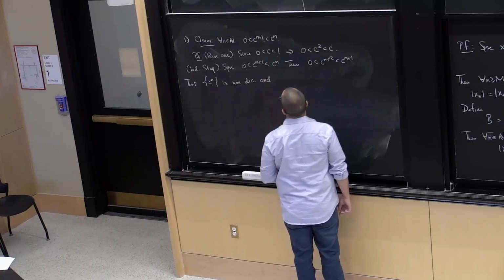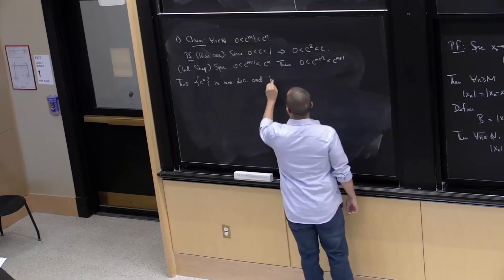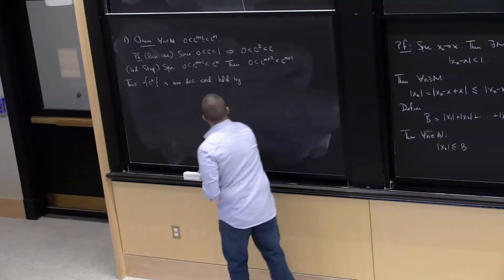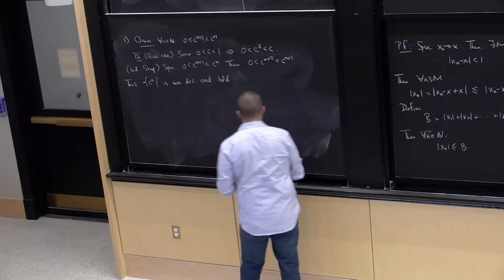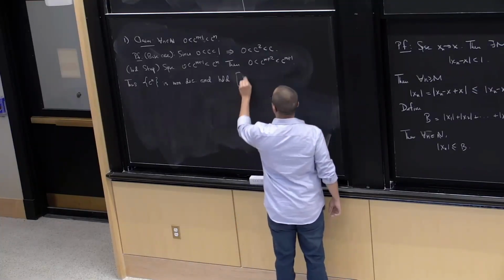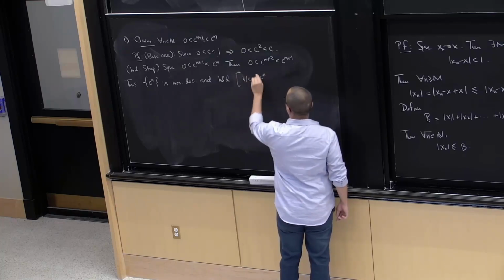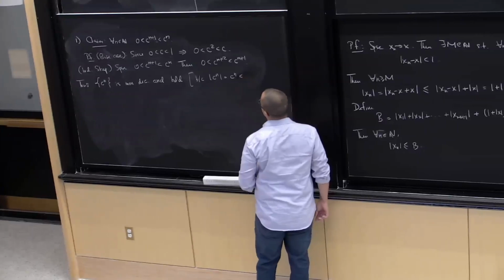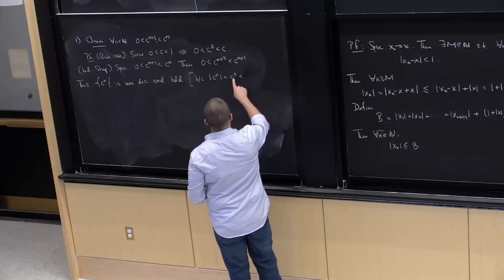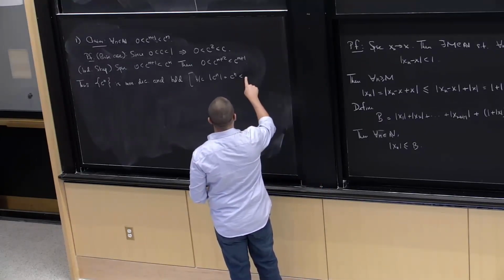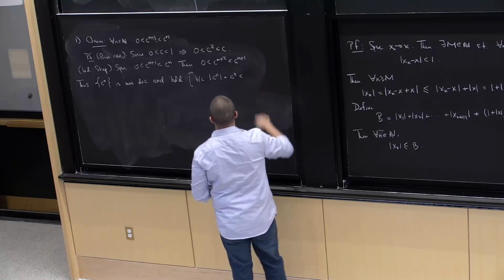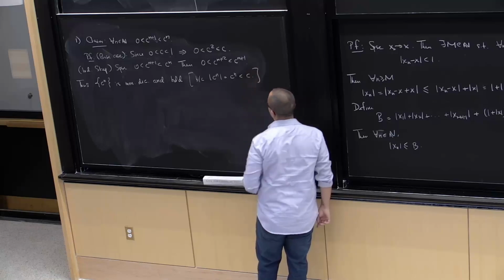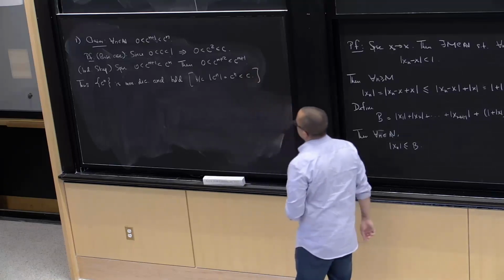And in fact, it's bounded because c to the n in absolute value, these are all positive, is equal to c to the n. And c to the n is less than c to the n minus 1, which is less than c to the n minus 2, and so on, which is less than c. So it's bounded.